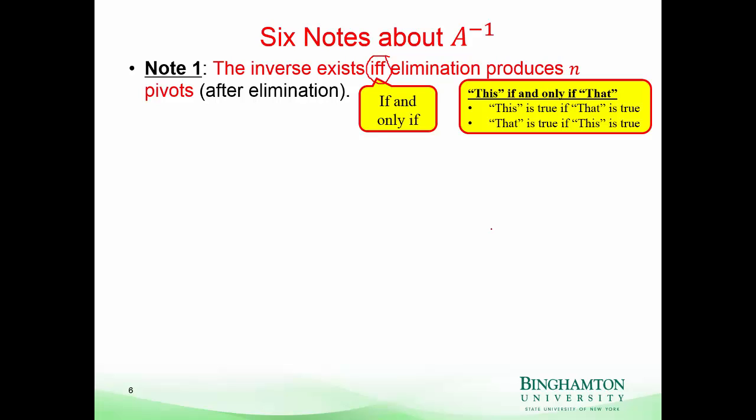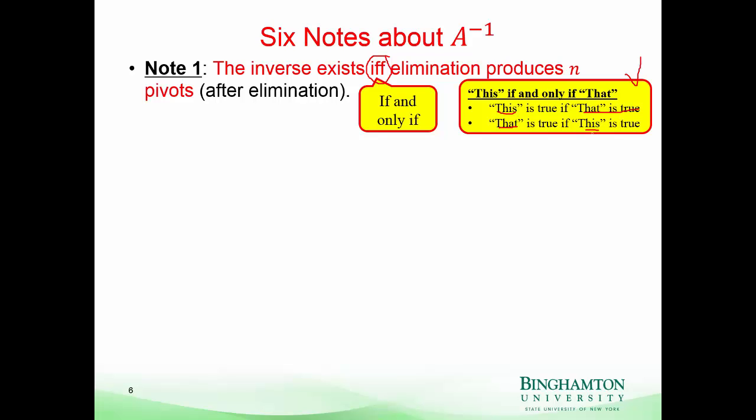That is just an abbreviation for if and only if. And I'm just pointing out again over here that if and only if goes both ways. We say this if and only if that. That means this is true if that is true, and the other way too. That is true if this is true. So it goes both ways.